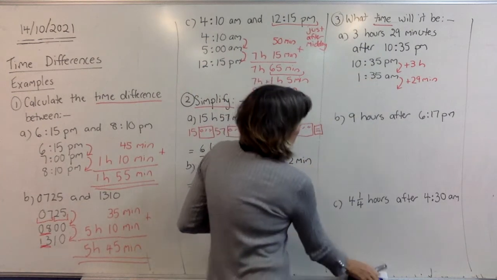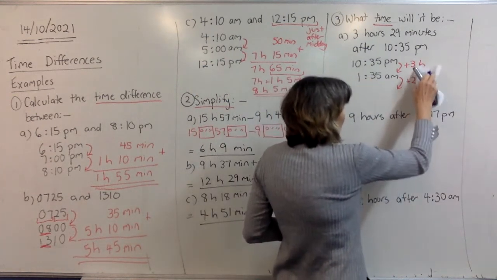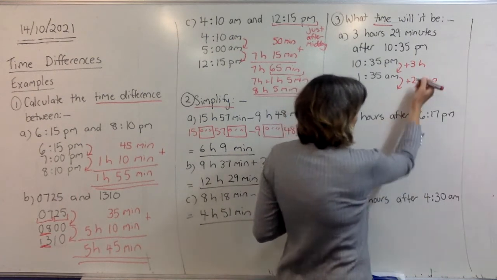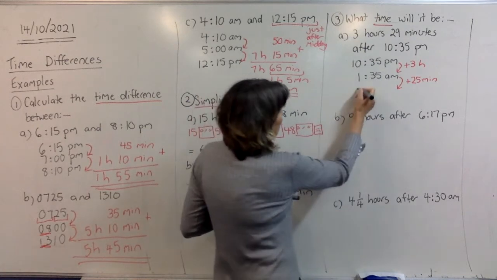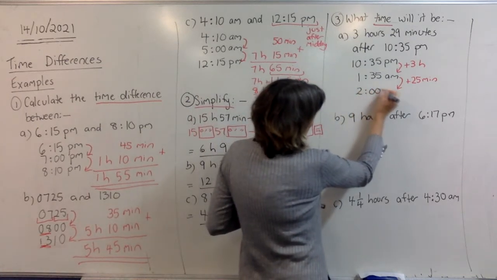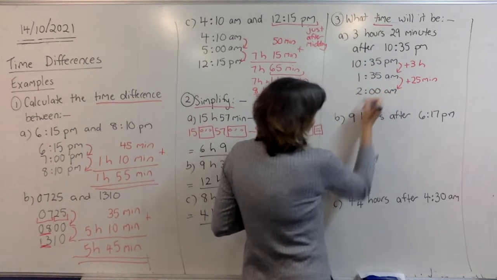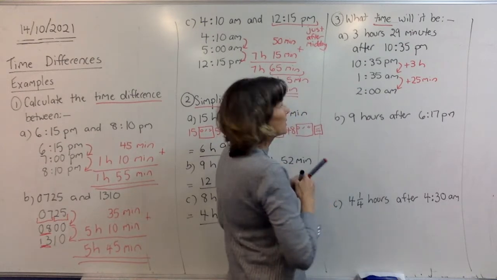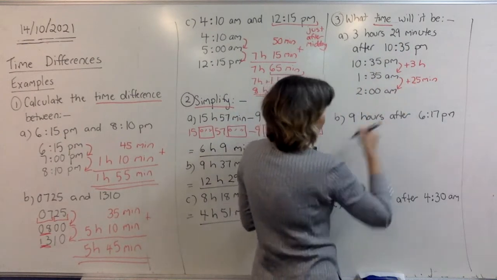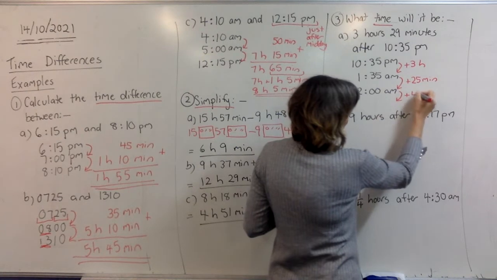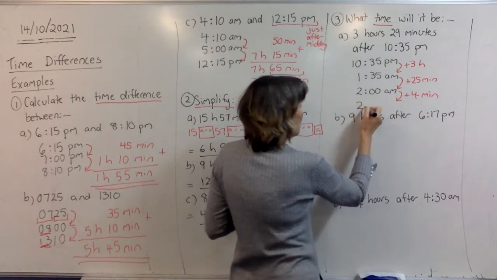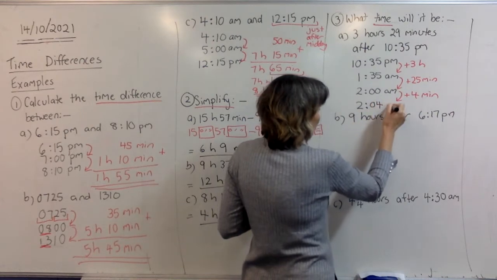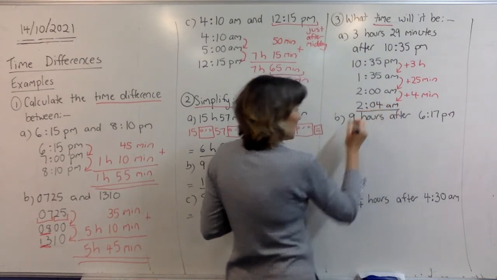So instead of adding on 29, I'm going to add on 25 to start with, and that gets me right on 2 a.m. Now I'm going to add on the rest of the minutes that I haven't added on yet, which is another 4 minutes. And I end up with 2:04 a.m. and that's your answer.